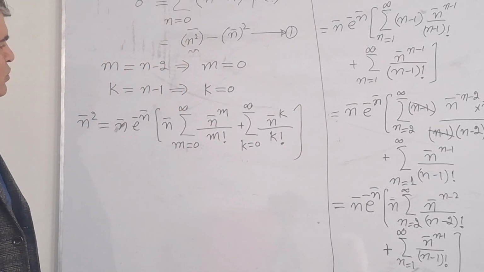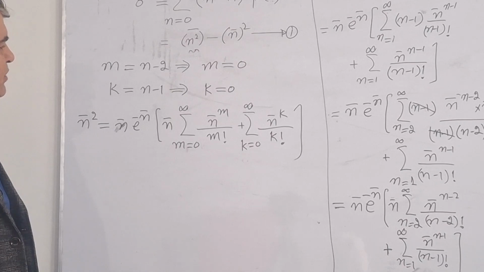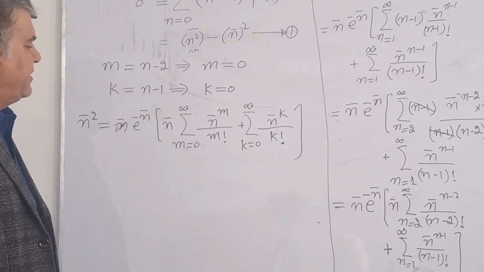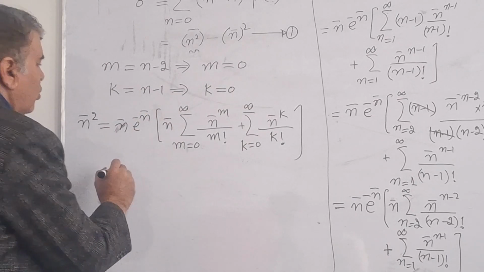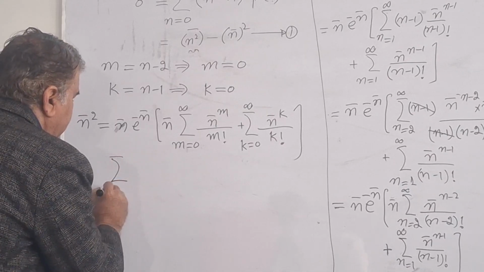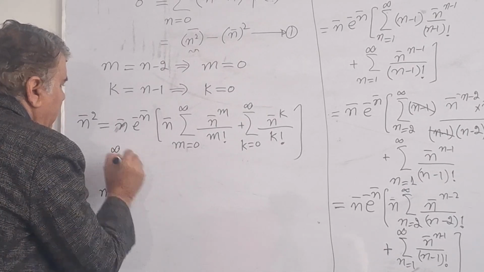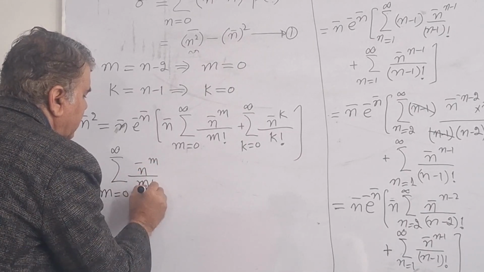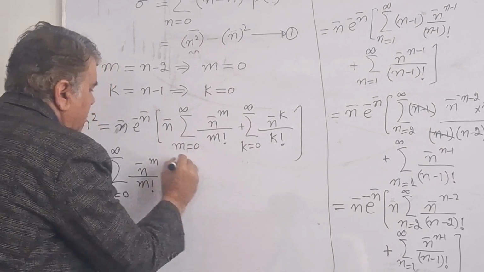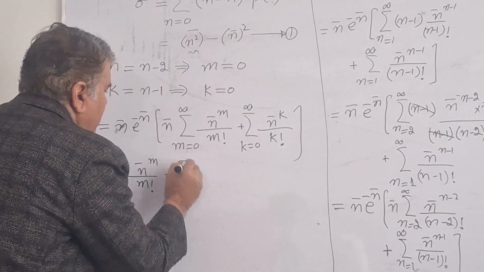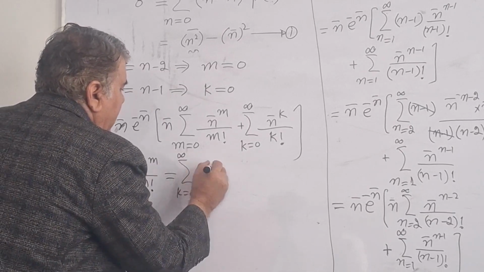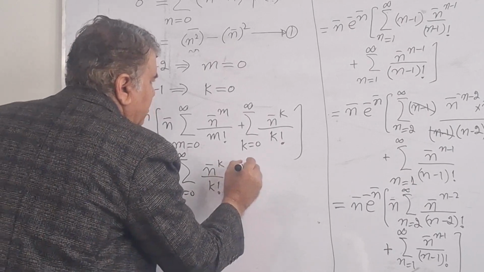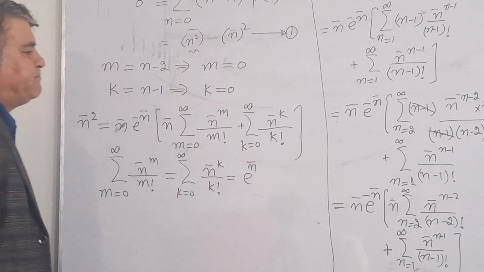And now, using the Taylor expansion, we see that this thing corresponds to exponent n bar and this thing corresponds to exponent n bar. That is, we see that sum over m equals 0 to infinity n bar raised to the power m divided by m factorial equals sum over k equals 0 to infinity n bar power k divided by k factorial. They both equal exponent n bar.